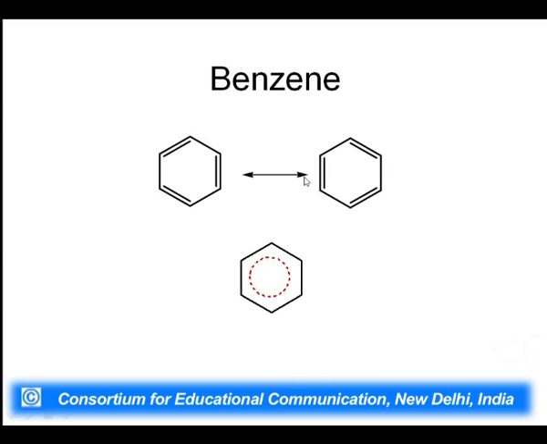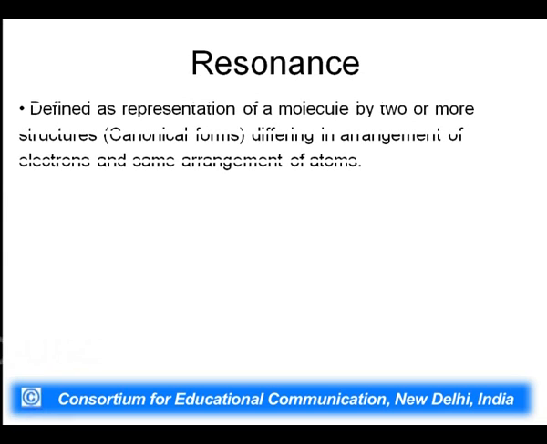So to understand what resonance is, let us move to a descriptive definition, because until we write in words or understand in English or in our own language, we do not understand the meaning of the thing. So resonance may be defined as the representation of a molecule by two or more structures, which are called canonical forms, differing in the arrangement of electrons and having the same arrangement of other atoms.